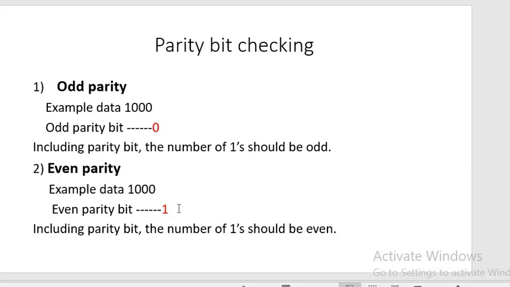So I have to send my data along with the parity bit. So we can calculate the odd parity: the total number of 1s should be odd including the parity bit. For even parity, the total number of 1s should be even including the parity bit.